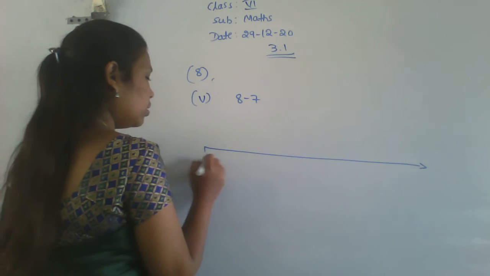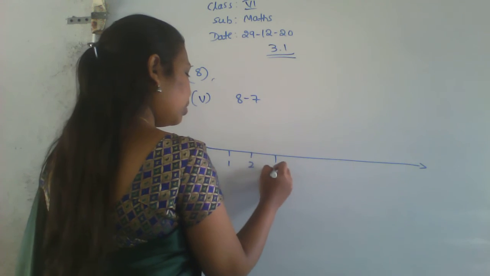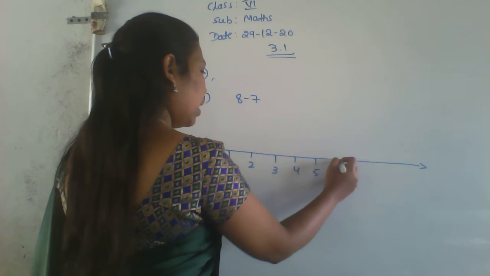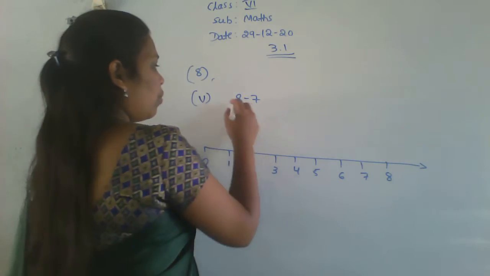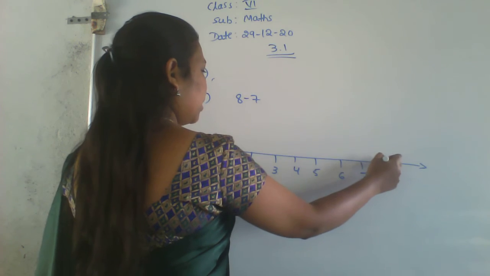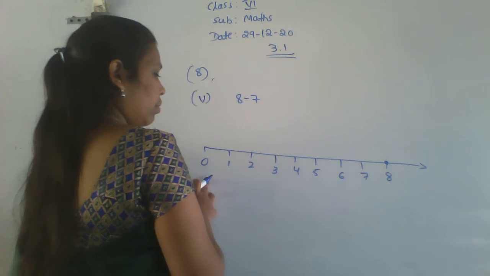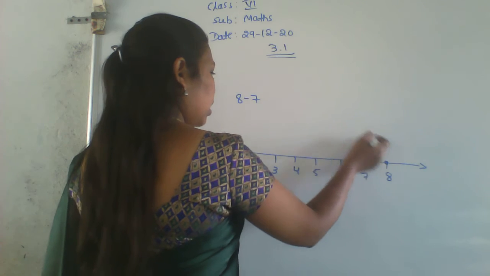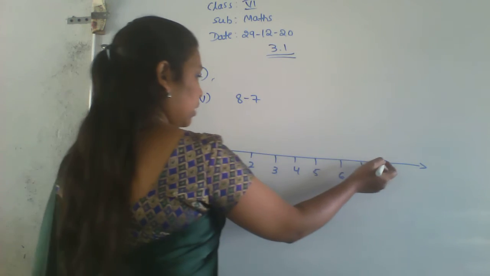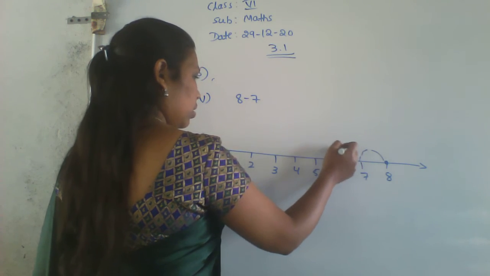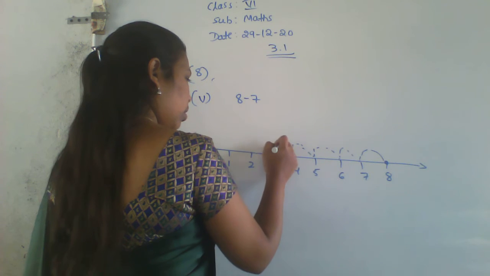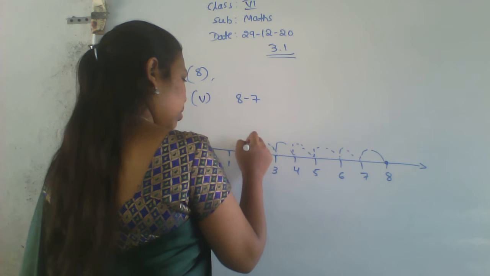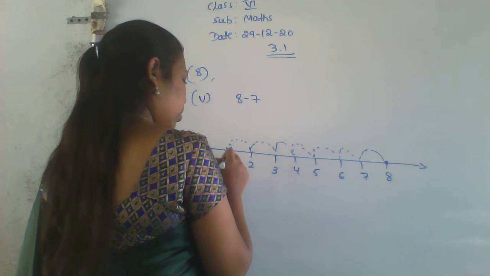Draw a number line. 0, 1, 2, 3, 4, 5, 6, 7, 8. Okay. So first the 8 number is here. Right. Minus 7. Minus 7 means take a reverse direction: 1, 2, 3, 4, 5, 6, 7.